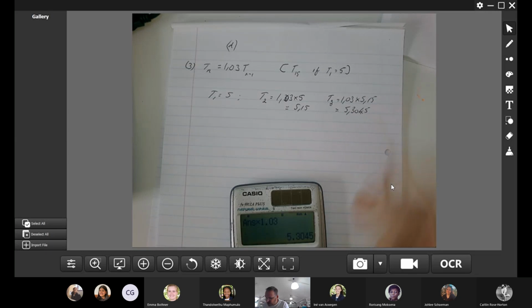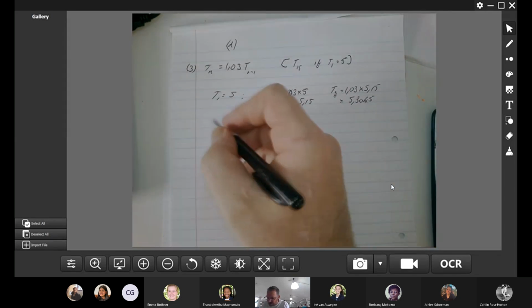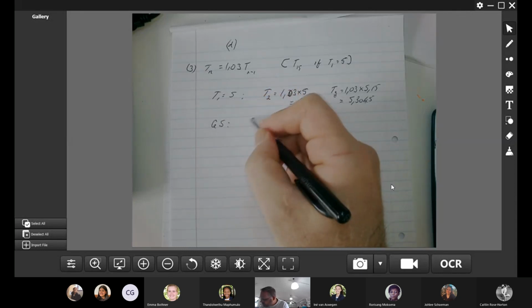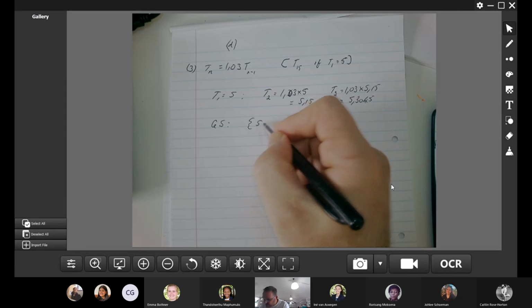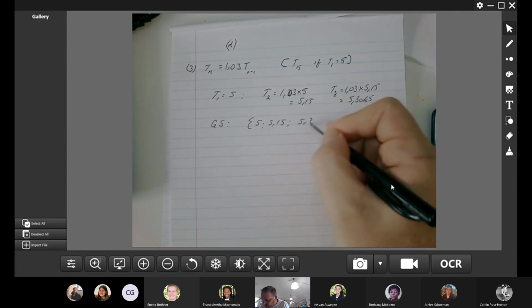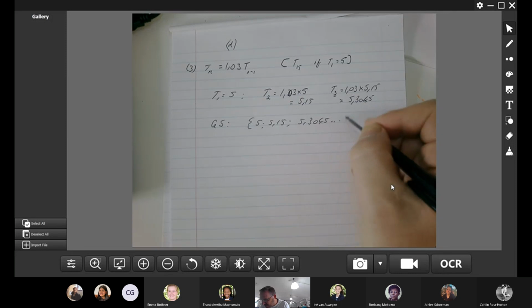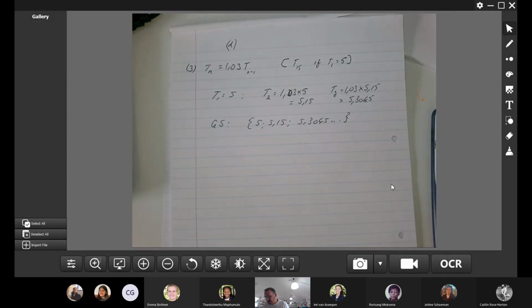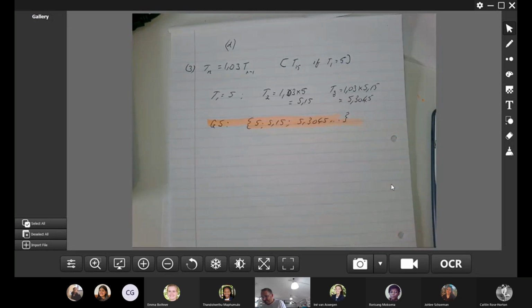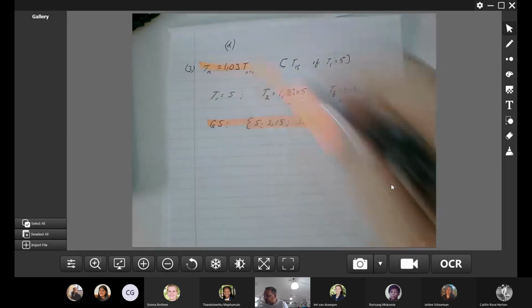So if the question said go write down the sequence, it's a geometric sequence: the first term is 5, the next term is 5,15, the next term is 5,3045. You don't have to do this, but this is how I generally start the question, and now I'm going to work with that.